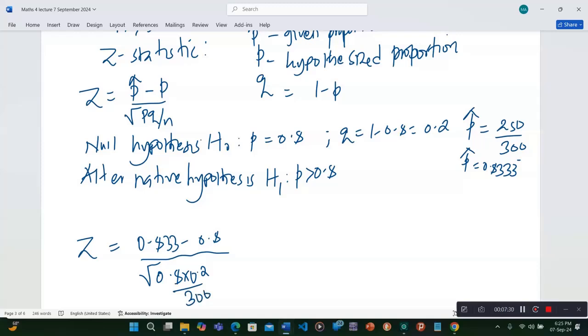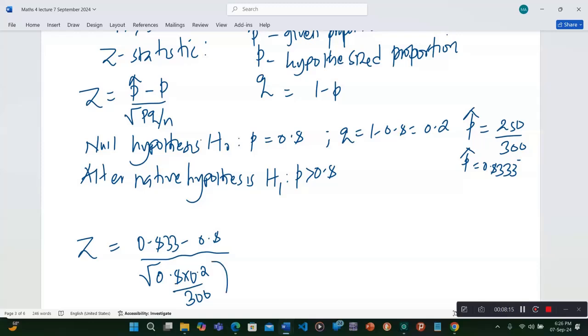So let us calculate that. 0.833 minus 0.8, divided by the square root of 0.2 times 0.8 over 300.